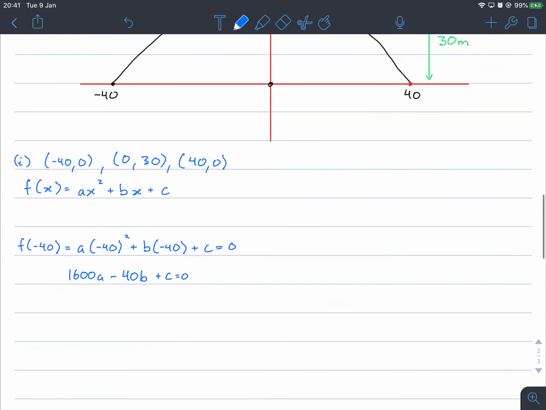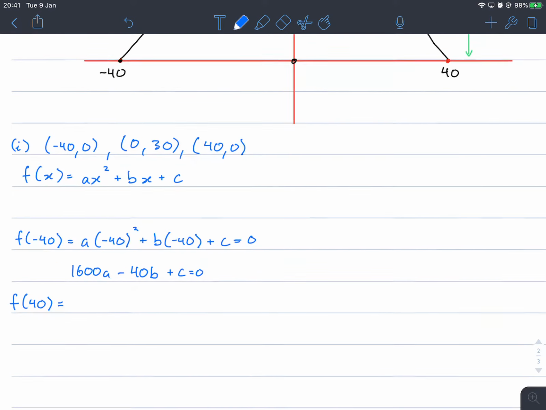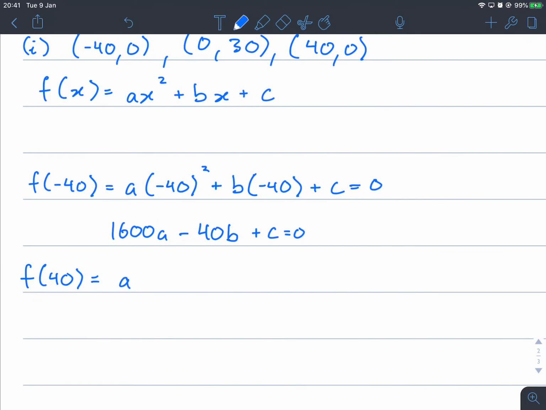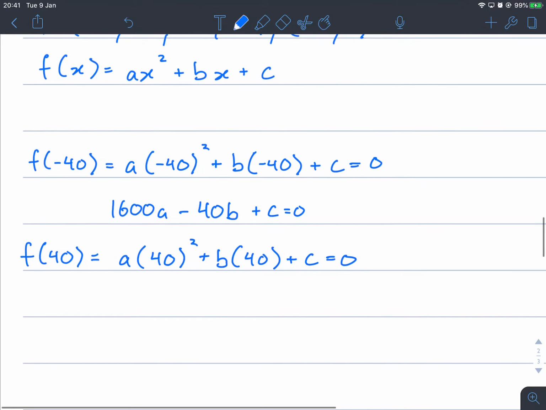Okay, let's do the other side. We have f of 40 is equal to a times 40 squared plus b times 40 plus c is equal to 0.